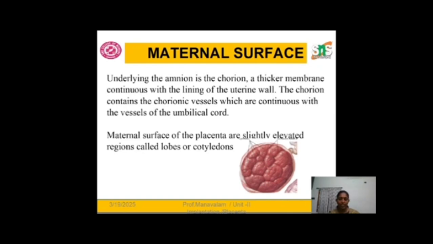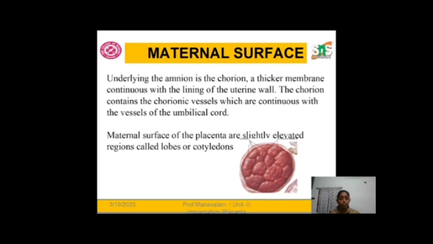After delivering the placenta, the main responsibility of a midwife is to check the completeness of the placenta. After taking out the two membranes, amnion and chorion, that cover the placenta, you have to peel them out, check the presence of cotyledons and count the number of cotyledons.